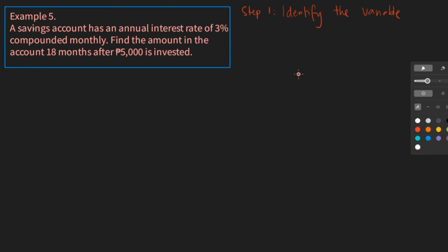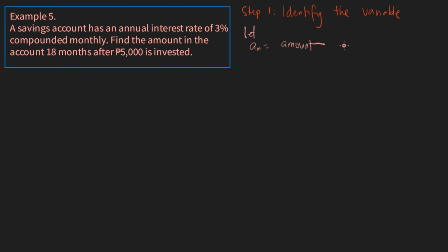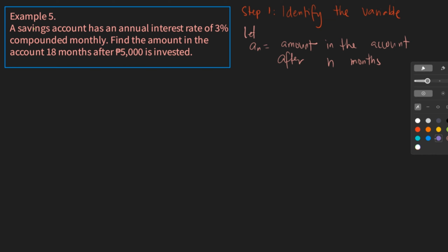Therefore, we are going to let A sub n be equal to the amount in the account after n months. Okay, that is our step 1.